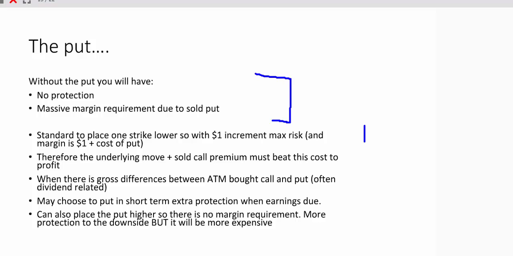Again, I'll show you an example in a moment. But obviously the bought put is more expensive, so that tends to even it all out a bit. We can also, there are a couple of guys doing this who actually buy the put higher than the normal down position, hence a more expensive position, but no margin requirement, and also more protection on the downside.